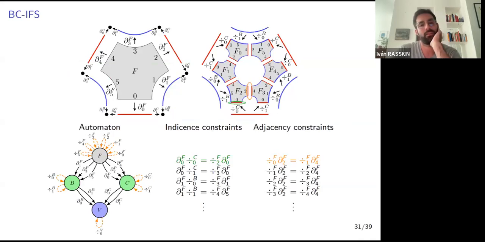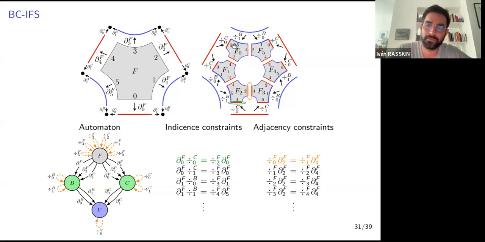In this model, we need three objects. We need the automaton for defining how the primitive is going to be subdivided. Here we define two kinds of operators. The boundary operator defines how the cells are connected. So we have a two-cell that, by this boundary operator, connects to these one-cells, these edges, and we have also a boundary operator that connects this one-cell to a vertex.